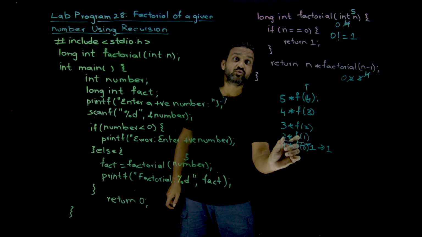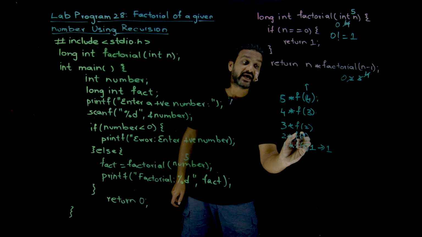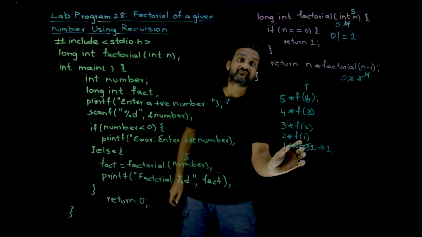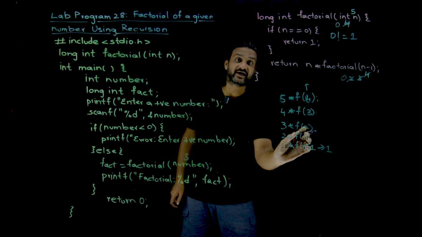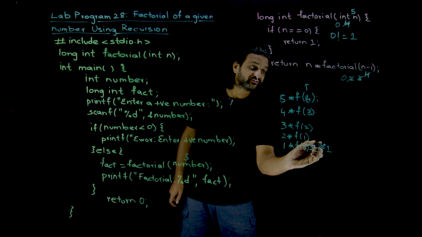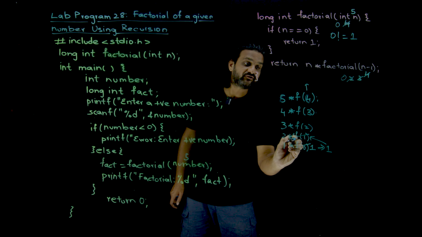So 1 into 1, who generated this part? It is generated by this function called f of 1. So we got this 1 into f of 0 by this function call, right? Now this is the calling function. So to this calling function, we have to return this value. Now the 1 will be returned for this function call f of 1.